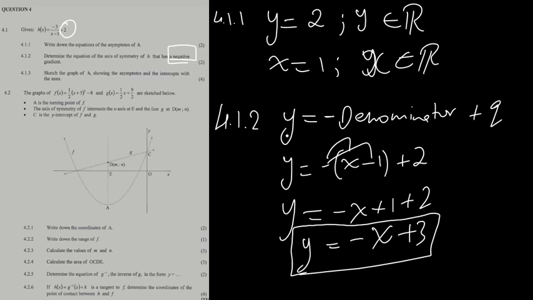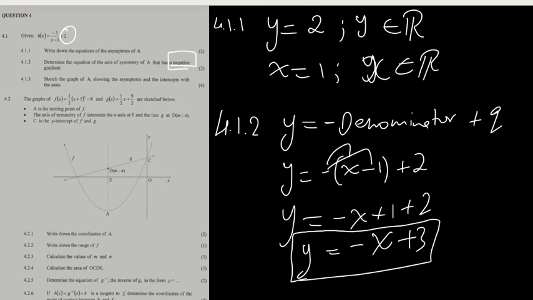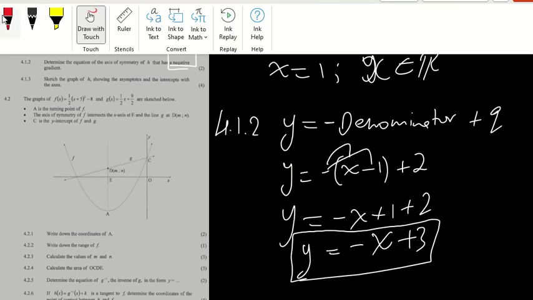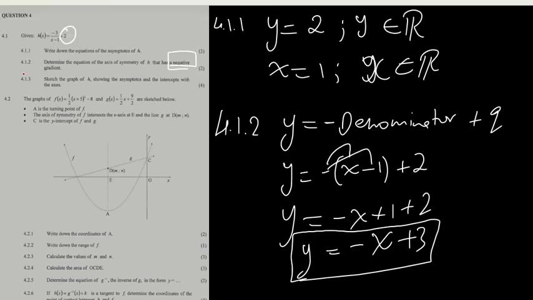Perfect. So what if, Mr. Chawana, they said, now determine the equation of the axis of symmetry of h that has a positive gradient? What would Mr. Chawana do if they wanted to find the one with a positive gradient?